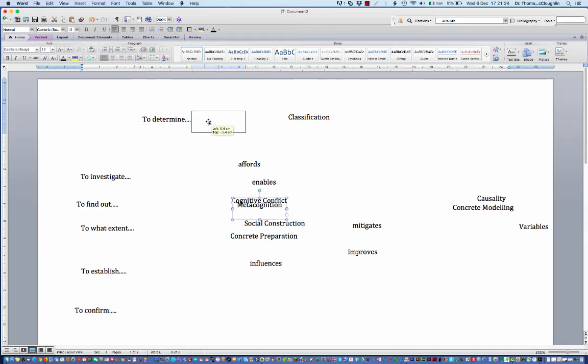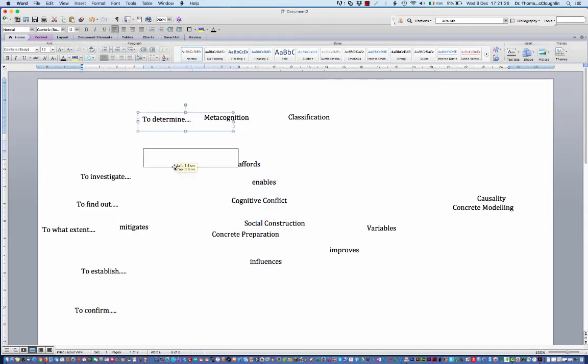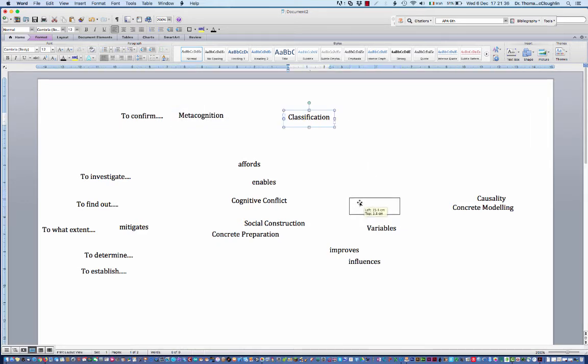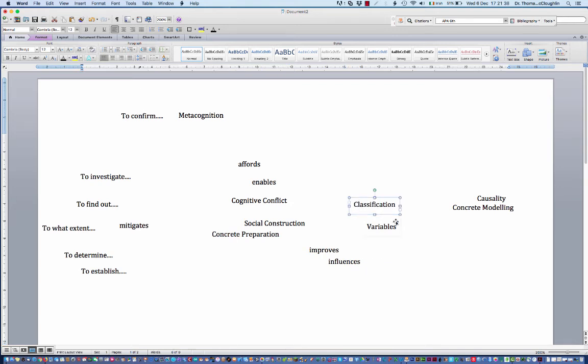What about metacognition? To confirm whether metacognition is a viable methodology in understanding situations involving concrete modeling, and so on and so on. So that's just examples of some research questions.